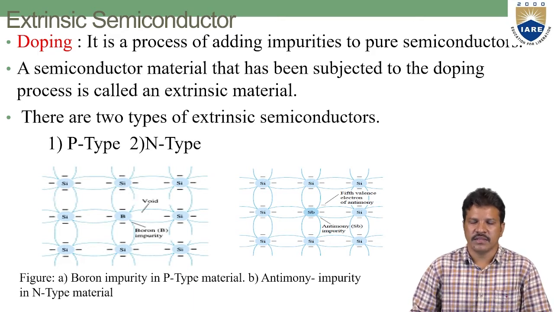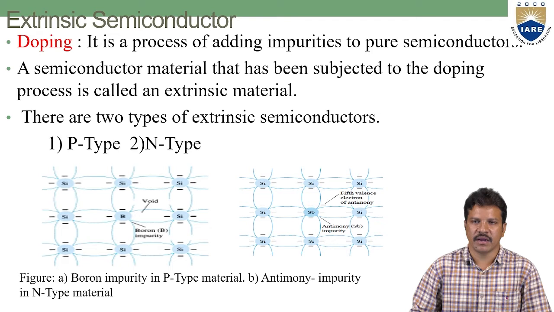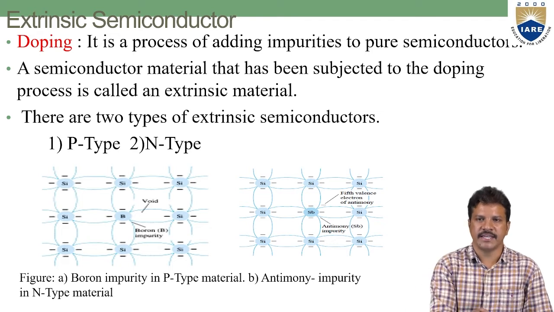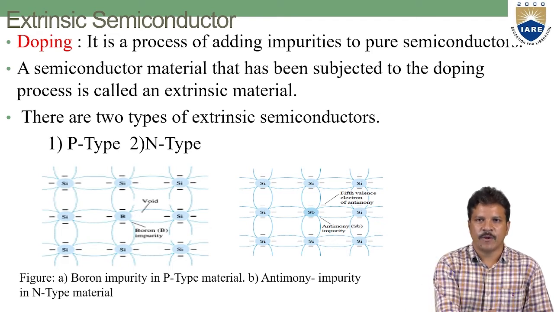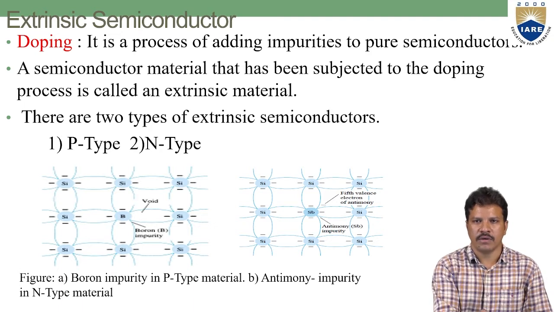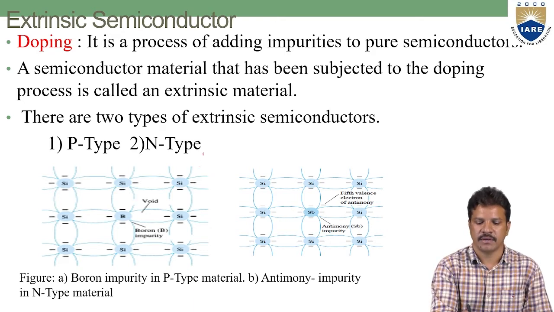Here in this figure, let us see figure A, how to form p-type semiconductors. Basically, it is a silicon atomic two-dimensional structure. All are silicon atoms. Suppose you take trivalent atoms, which are called boron.